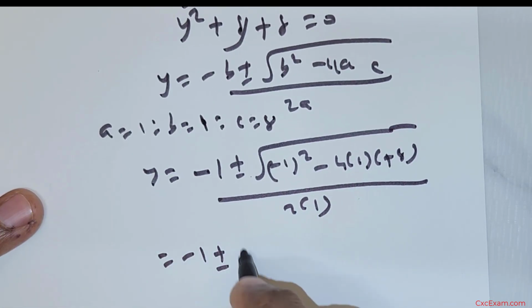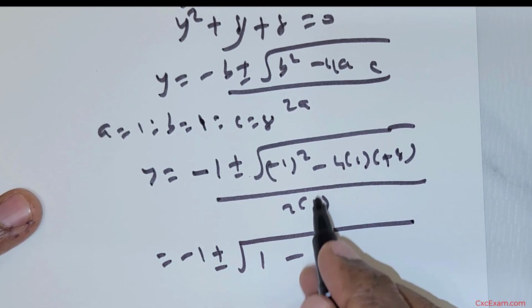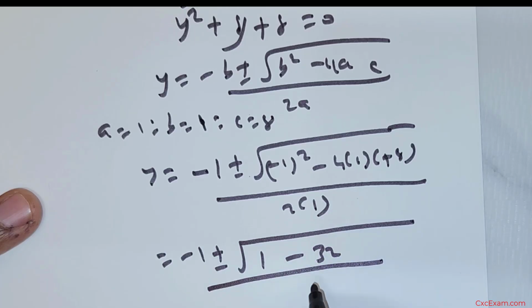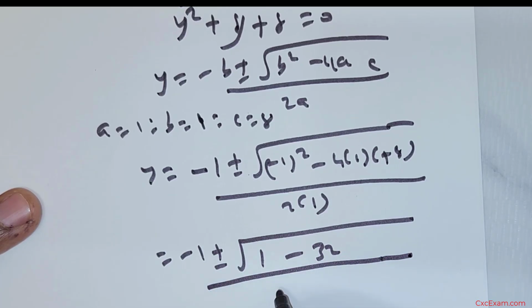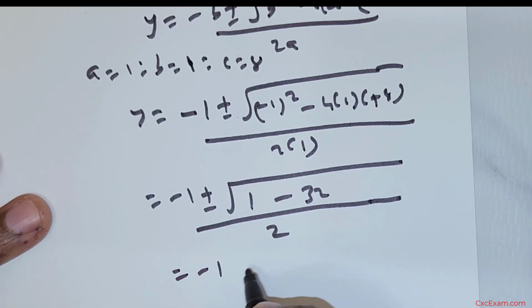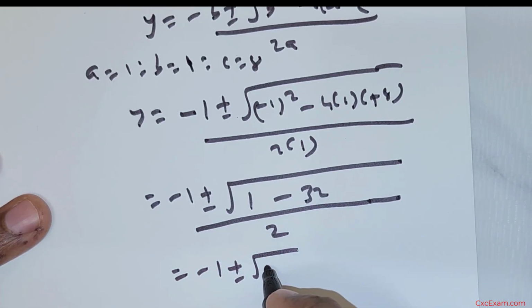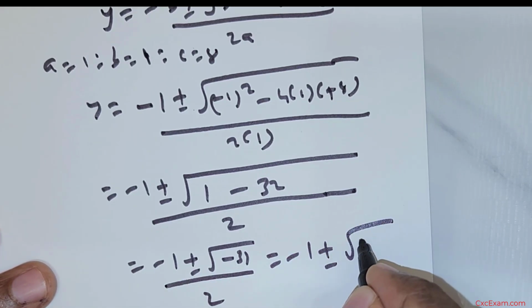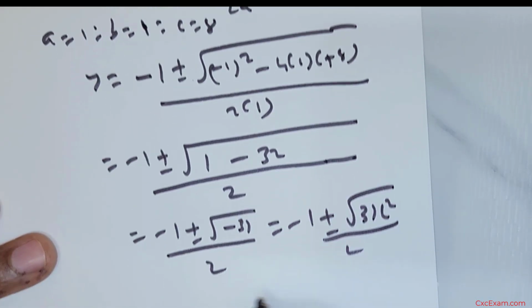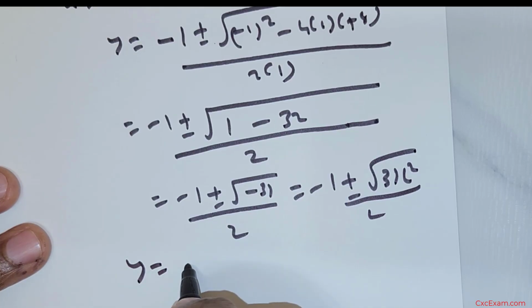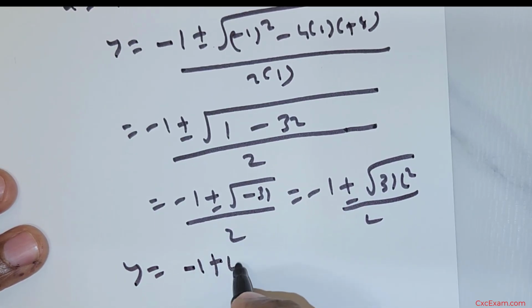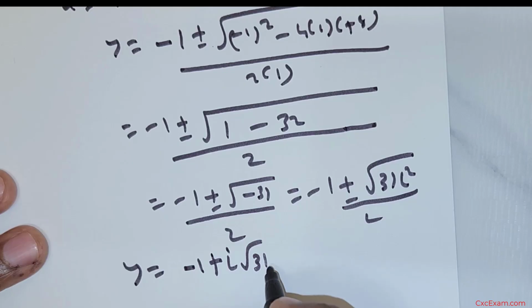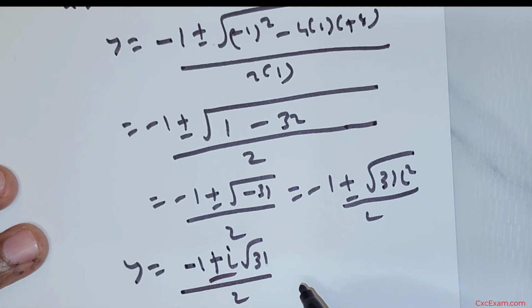This is (-1 ± √(1 - 32))/2. This will give you (-1 ± √(-31))/2, which is (-1 ± √31 i²)/2, which means y = (-1 ± i√31)/2.